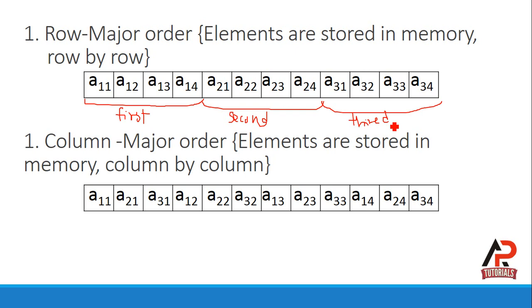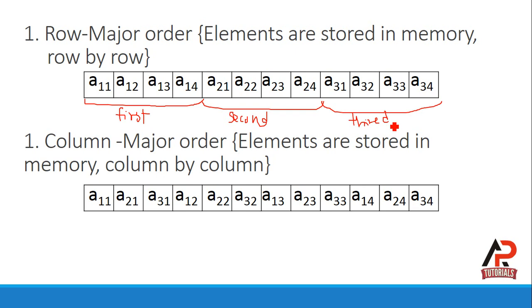Got it. First row A11, A12, A13, A14. So everything in the memory will be in linear form, in sequential form.